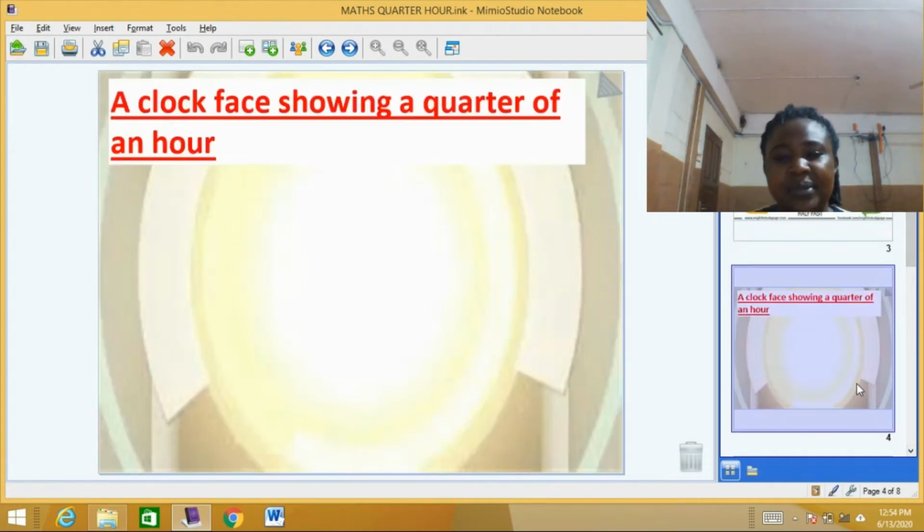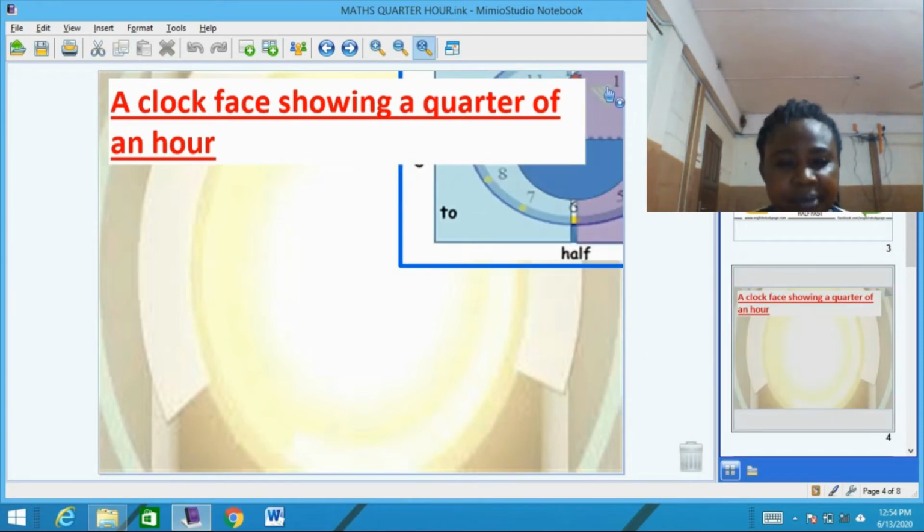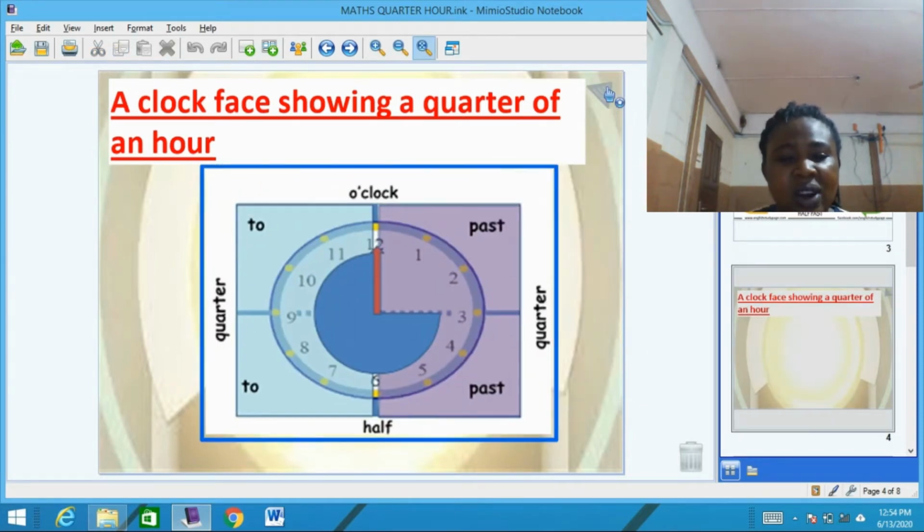Let's proceed. I want to show you a clock face that is pointing at quarter of an hour. Have a look. This is a clock face that is telling us that angle 90 can also be described as quarter of a clock.